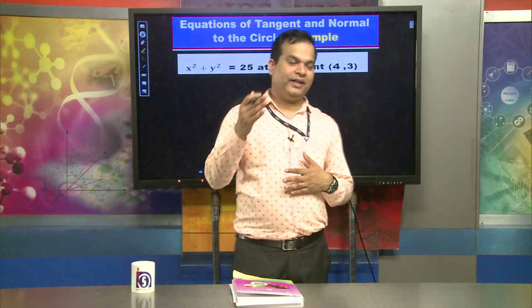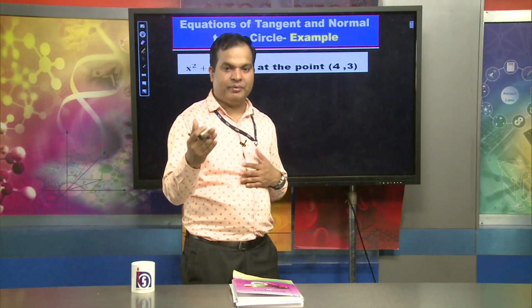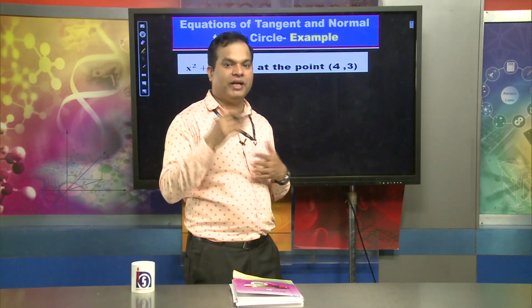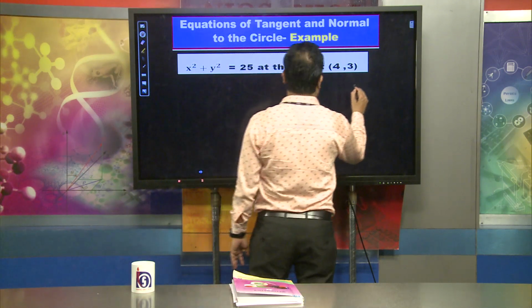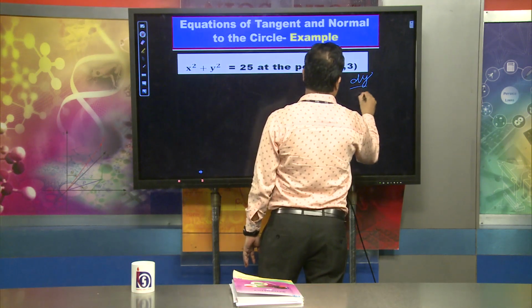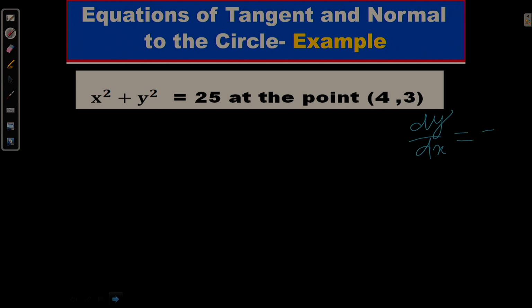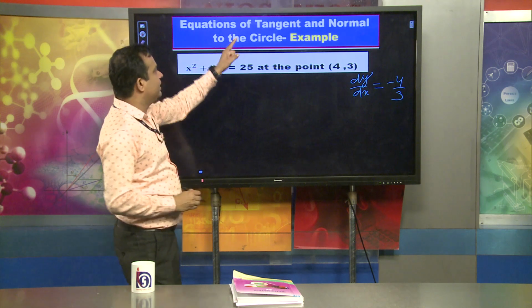Dear learners, we get the value of dy/dx as minus 4 by 3. So, I can write that dy/dx is minus 4 by 3. Now we are going to find the equation of the tangent.